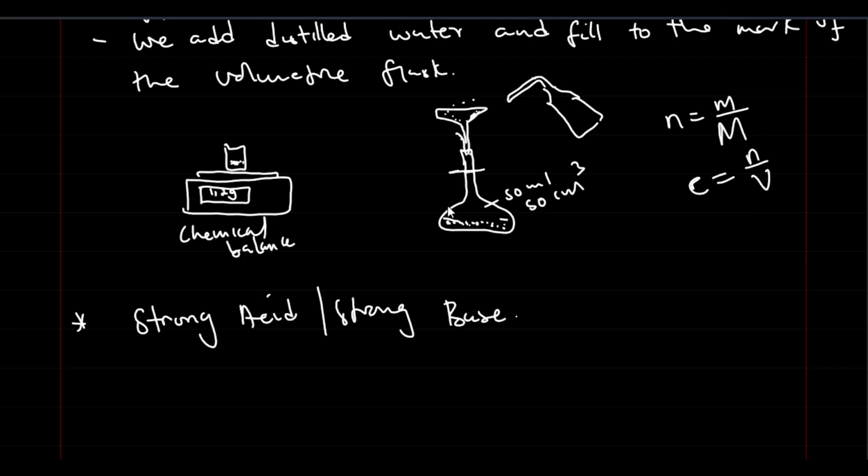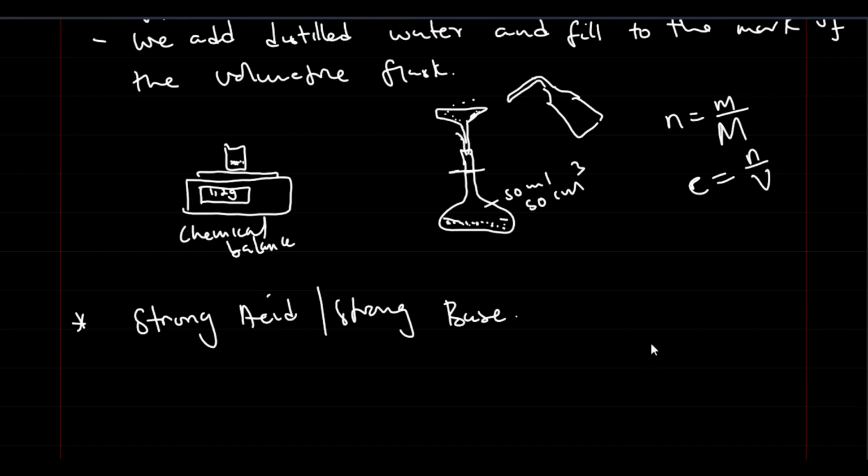Because a weak acid does not ionize completely in water, so the concentration that you are going to calculate will be wrong, because we don't know exactly how much of the acid is going to ionize in water. It varies with temperature, and also we can't really know exactly what the concentration will be. So we can only make a standard solution using a strong acid or a strong base.